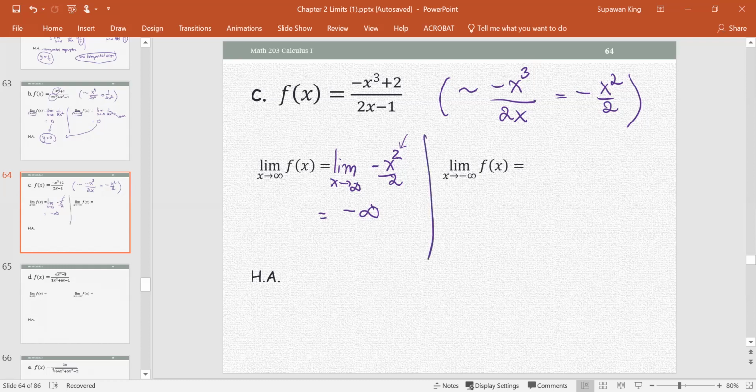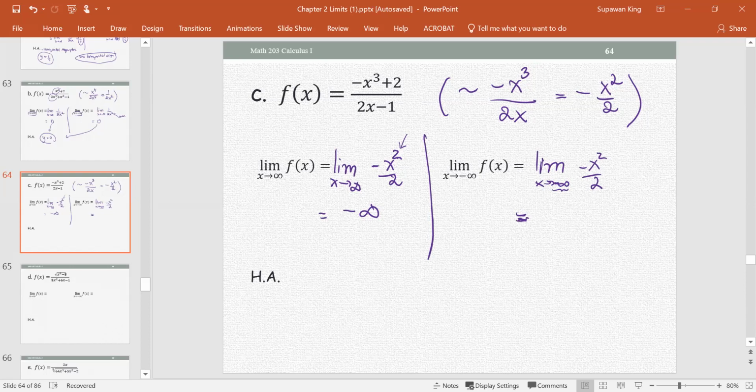Okay, and similarly for x approaches negative infinity, the limit of negative x squared over 2. This time the quantity comes in as a negative, large number. Would that be the same as negative infinity or does the sign switch? Sign switch.